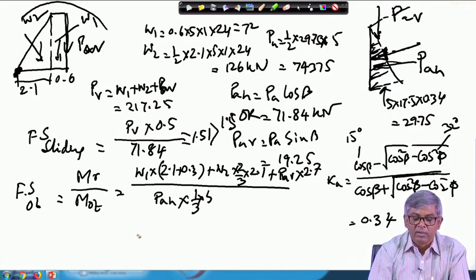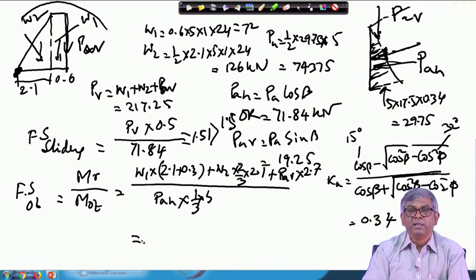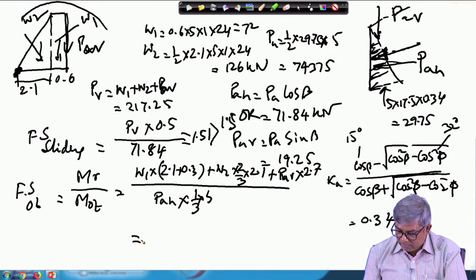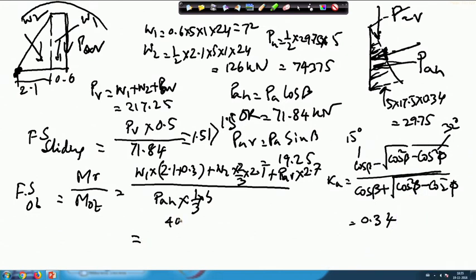If I put in all the values and simplify, ultimately it will be 401.175 divided by 119.733, and that comes to 3.35.